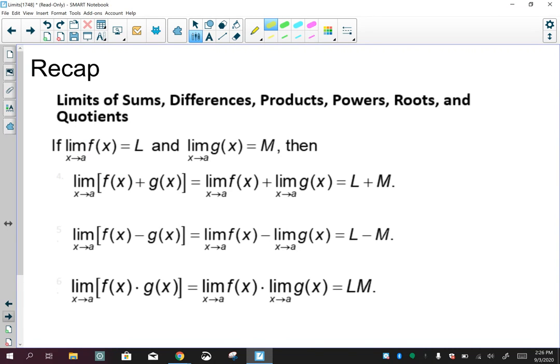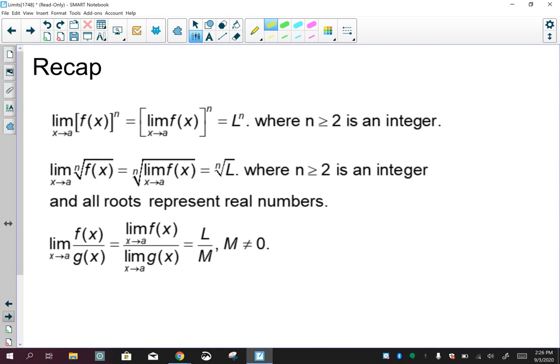You have your sum, your difference, and your product. Okay, so notice you just evaluate these as is. Then you have your power rule, and then you have your root rule. And then you have the quotient rule.